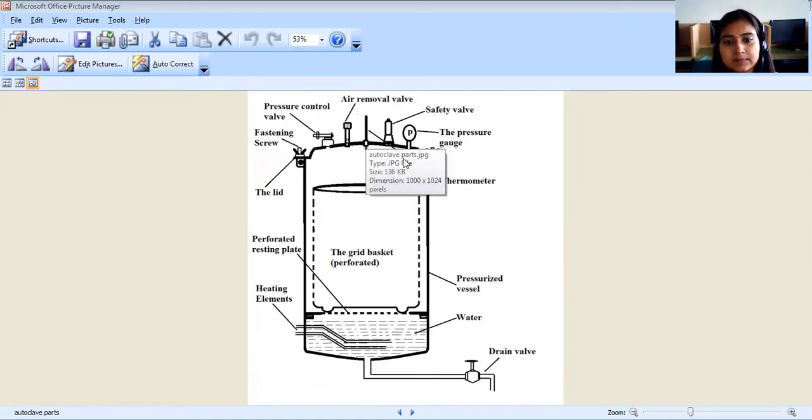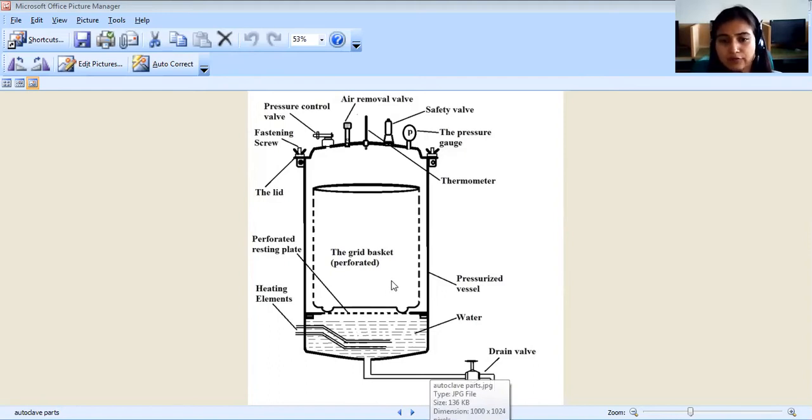So this is the thermometer, and this the safety valve, this the air removal valve, and this the pressure valve, and this the pressure control valve, and this the fastening screw, and the lid, and the perforated resting plate, and heating element, and drain valve, water, and pressurized vessels. So these are the parts of the autoclave.